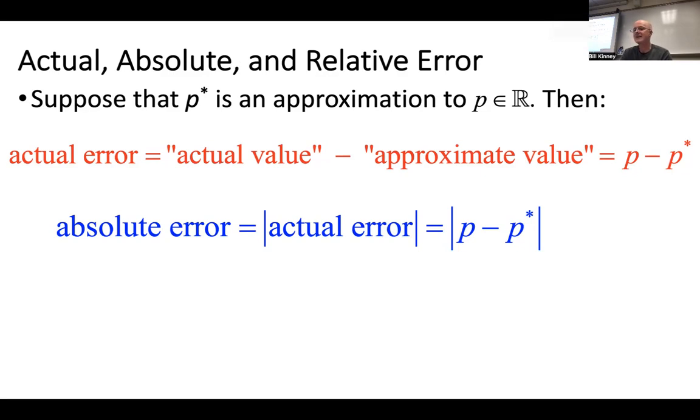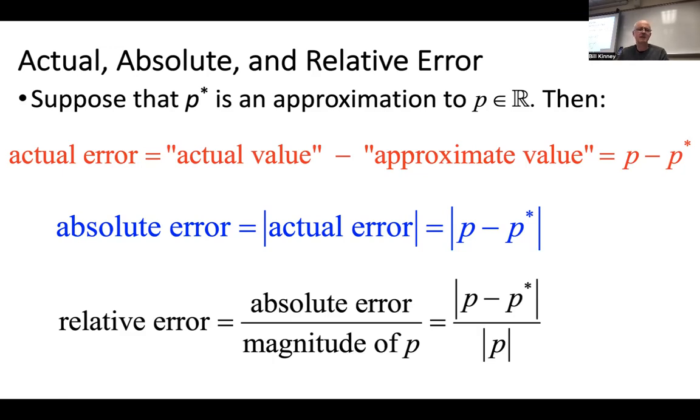And it's negative if P star is too big, because you're subtracting a bigger number. Negative error corresponds to an approximation that's too big. A little confusing. That might be the opposite of what you would expect, but this is the standard way to do it. And there is a good reason for that. That also comes up in statistics.